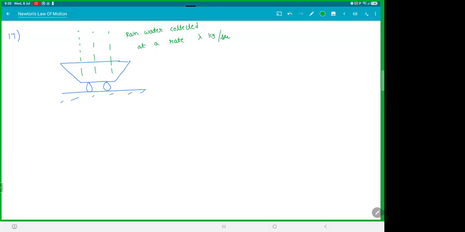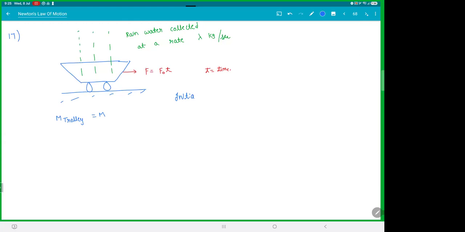That is the symbol for lambda. And someone is applying a force F is equal to F naught into t. It's not a constant force. You're applying a force which is changing with time. Mass of the trolley is capital M. Initially, the system is at rest.